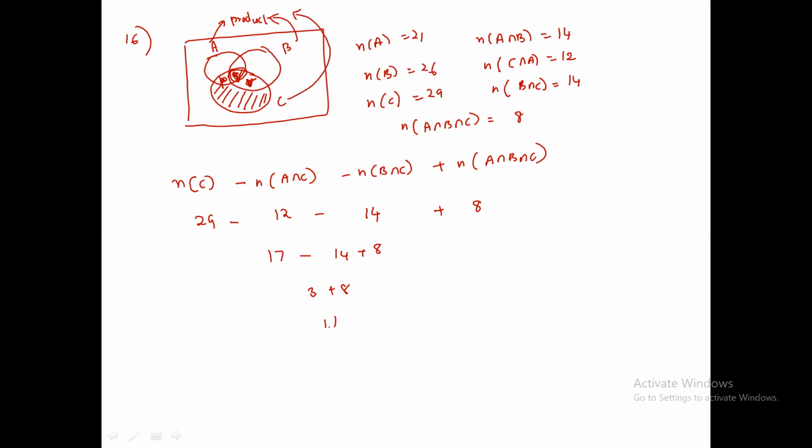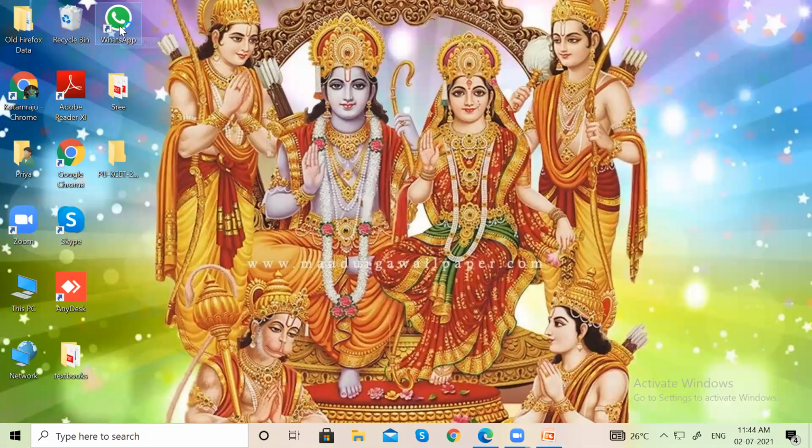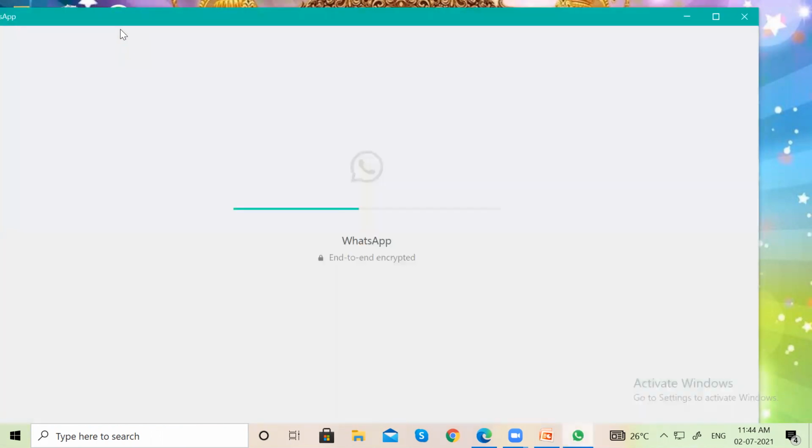Just a few minutes. I have already saved it in my computer. I'll just open it, copy and paste.